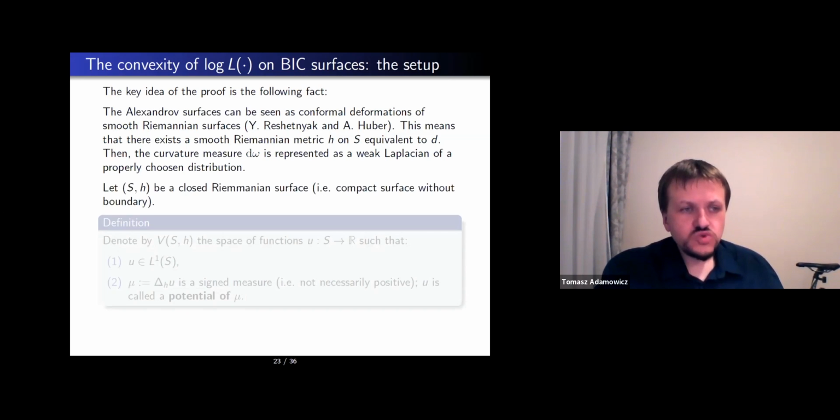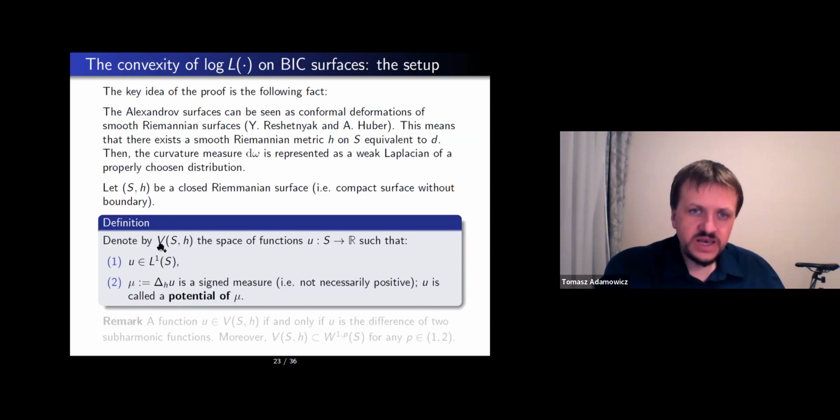So in order to prove the log L(t) convexity, let me first introduce one more definition. Let S be a closed Riemannian surface, and recall that by this we mean a compact surface without boundary. Then we introduce a class V(S,h), which consists of the L1 functions on S, such that if we take the Laplacian with respect to the metric h, it defines a signed measure, in which case the function u is called a potential of the measure mu.